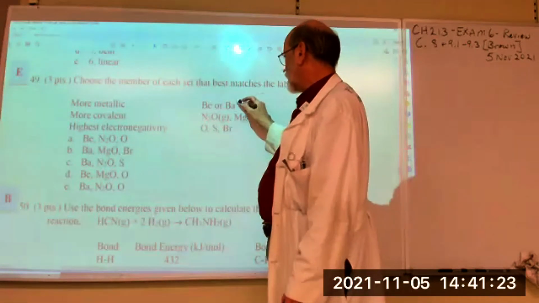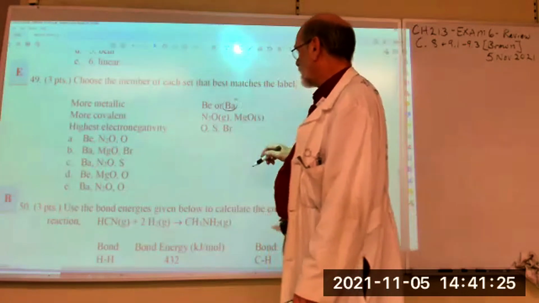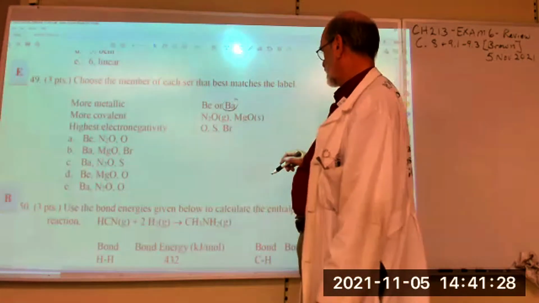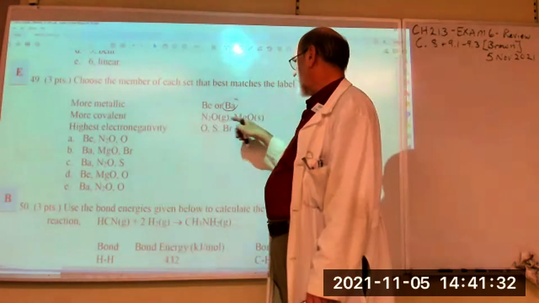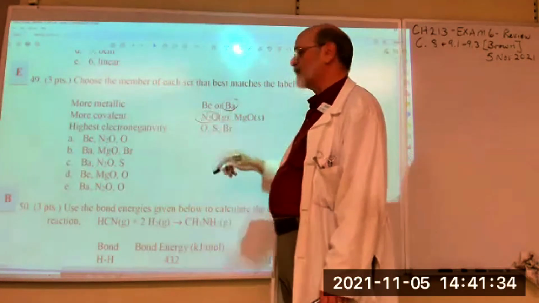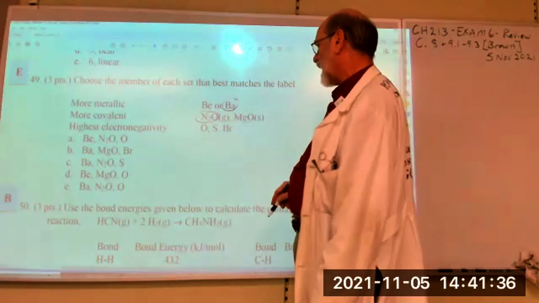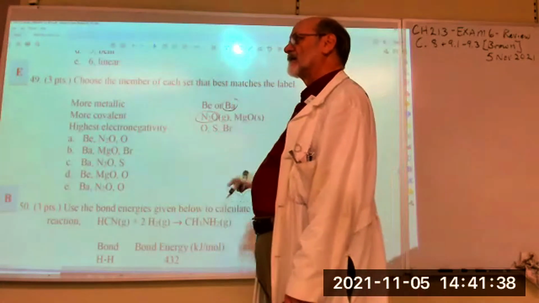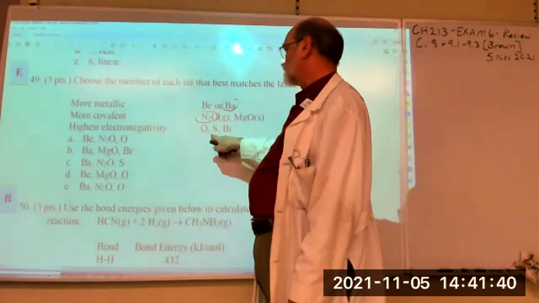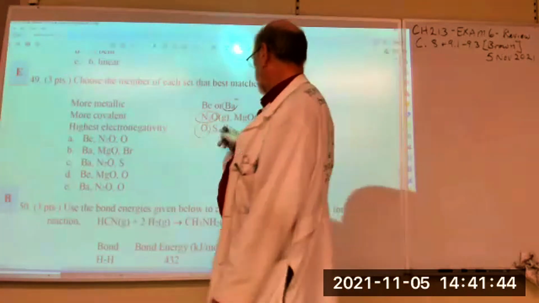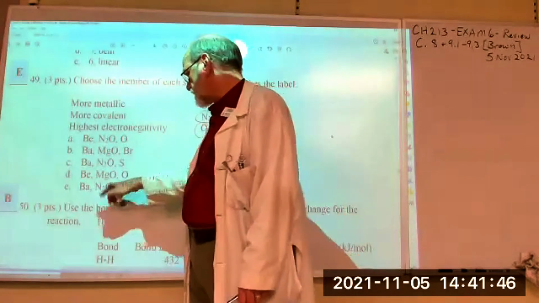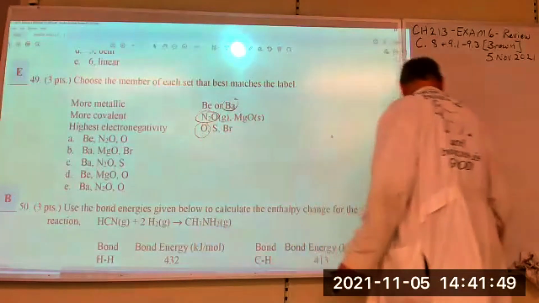So barium for that one. The more covalent would be, well, a metal and a non-metal, or a non-metal, non-metal. That's definitely covalent. And highest electronegativity. So oxygen. And so barium, nitrous oxide, and oxygen. There we go. It's E.